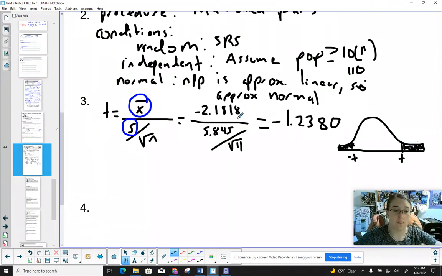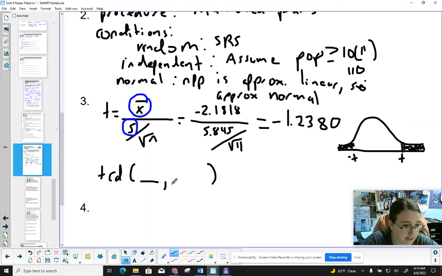So let's review this. It's a t-score, so you are going to be using TCD in the calculator. When you use TCD, there are 3 things you need. When we are doing a two-tailed test, all you need to do is find the area of one tail and then double it.